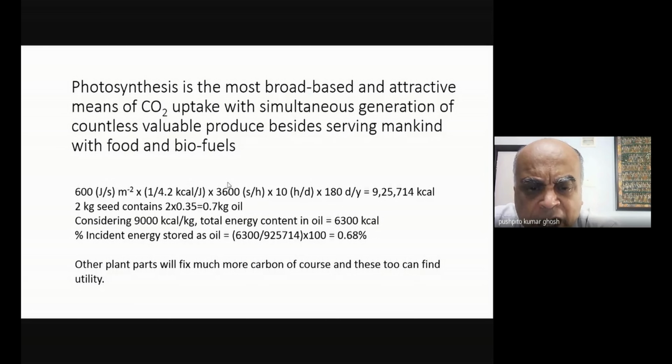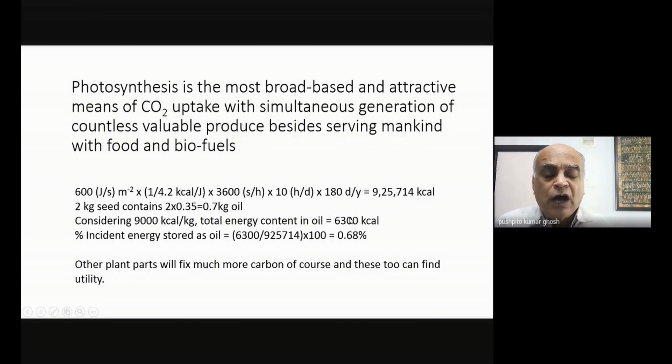And what did the plant do? It's very interesting. The plant actually took radiation. Can you believe that? Over 180 days, fairly low level of radiation, 600 joules per second. And it concentrated that in this seed, and in this oil.